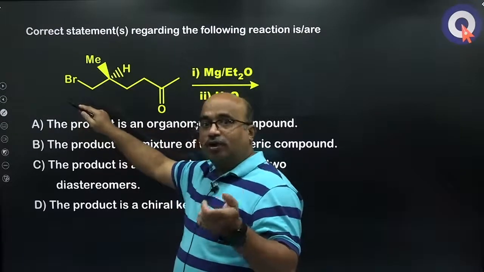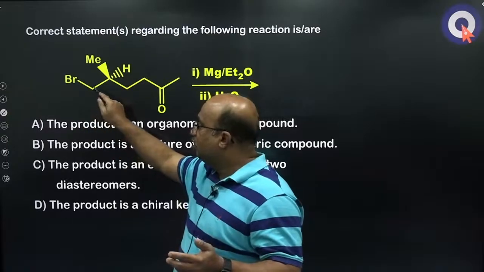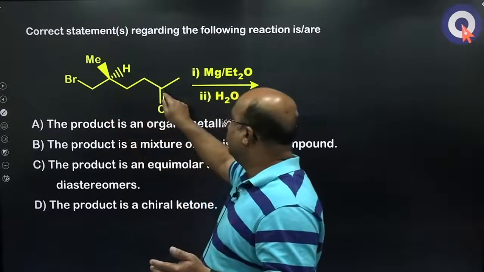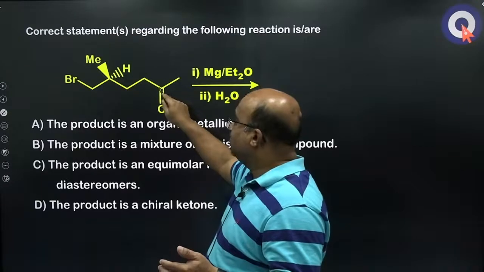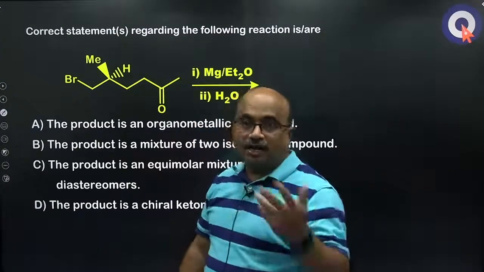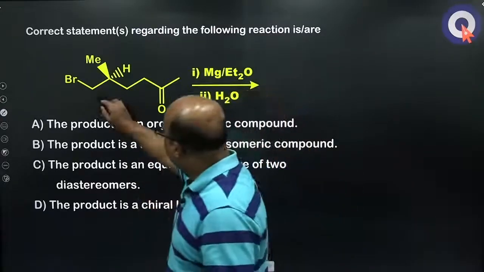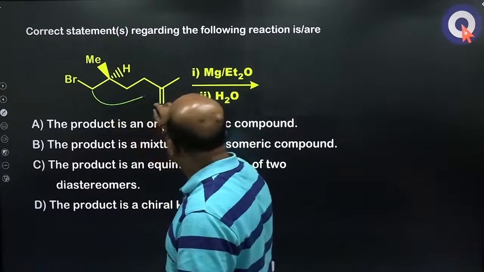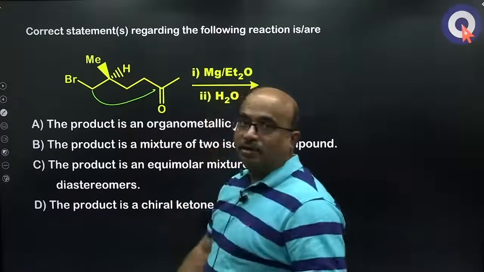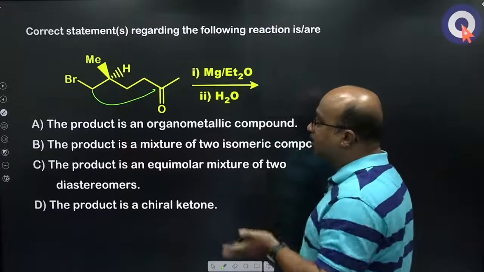This carbon becomes nucleophilic, but this carbon is already an electrophilic carbon. When there is an internal nucleophile and electrophile, they immediately react. So the intramolecular reaction is favored. This carbon with negative charge can react at this carbon. So what is the final product that we get now?